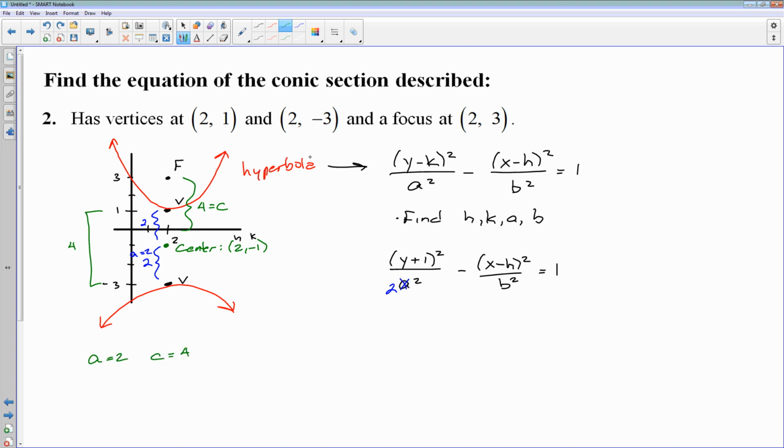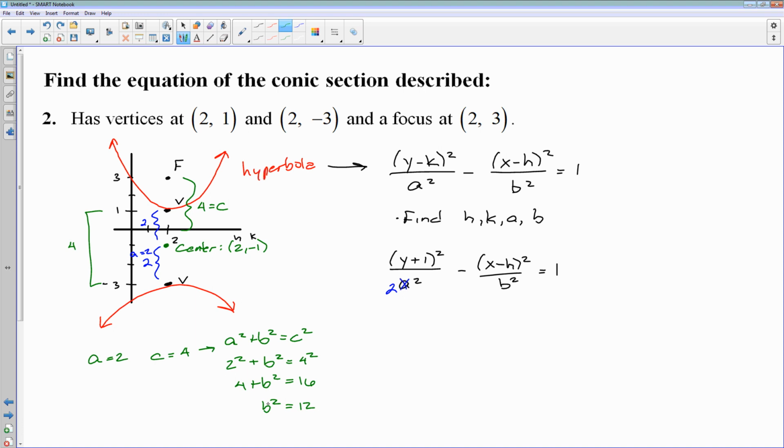And in a hyperbola, I know that a squared plus b squared equals c squared, and I can plug in a and c to solve for my b. So a is 2, 2 squared, plus b squared equals c squared, and we'll solve the equation. 4 plus b squared equals 16. I'll subtract 4, b squared equals 12.